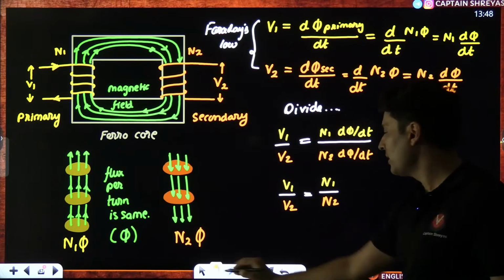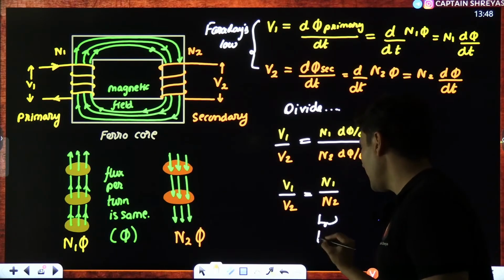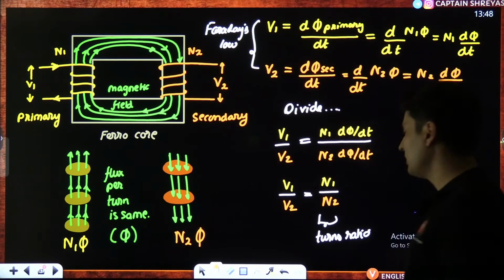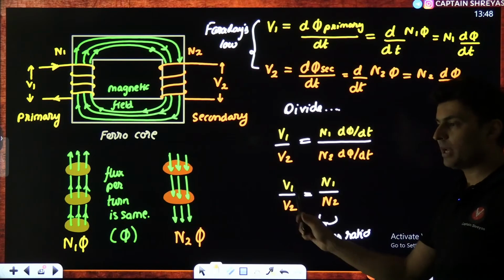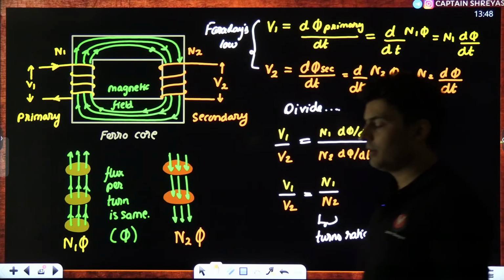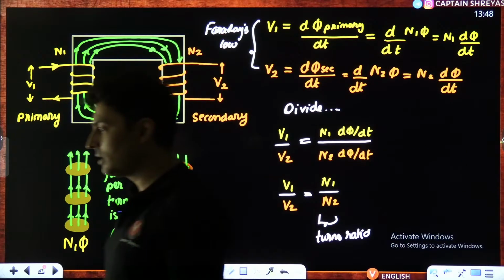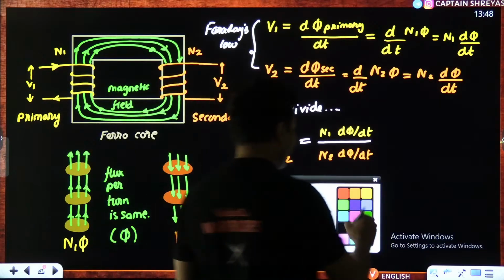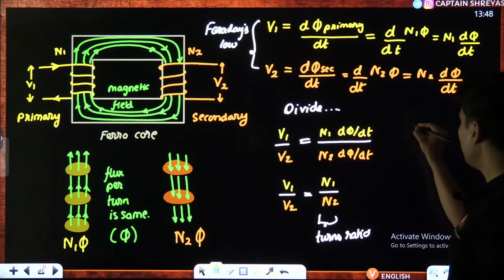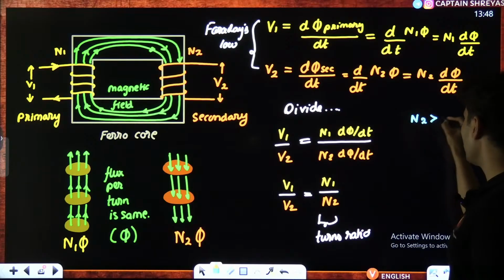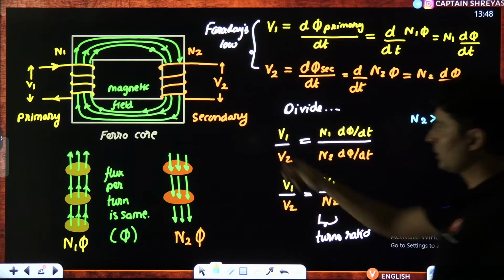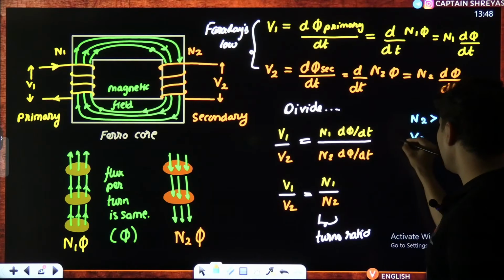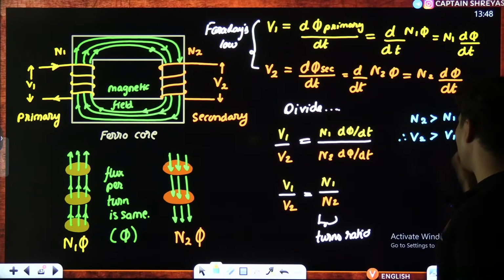This number over here is also sometimes called the turns ratio. The ratio of the turns is also called the turns ratio. V1 by V2, the primary by secondary voltage, is the number of turns on the primary upon the number of turns on the secondary. What this also tells me is, if by chance the number of turns on the secondary is more than the number of turns in the primary, then the voltage on the secondary is more than the voltage on the primary.